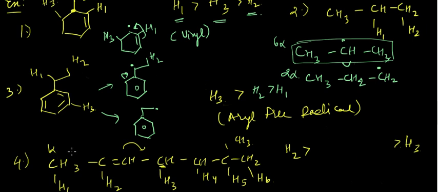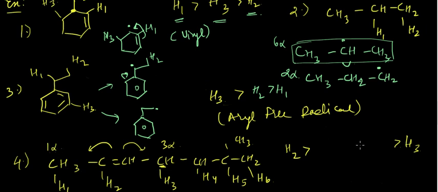Oh no, but between H3 and H1 we have to compare, right? Because in both H3 and H1 we have a conjugation with a double bond. On H3, as you can see, there are 3 alpha hydrogens, and only 1 alpha on H1.